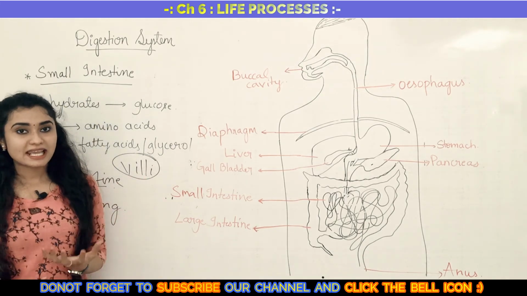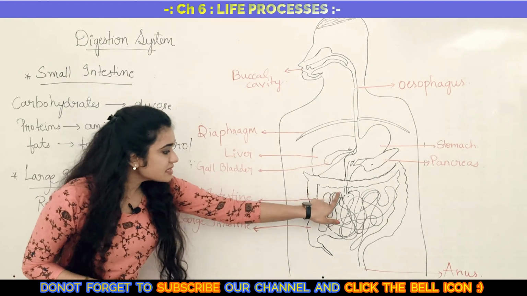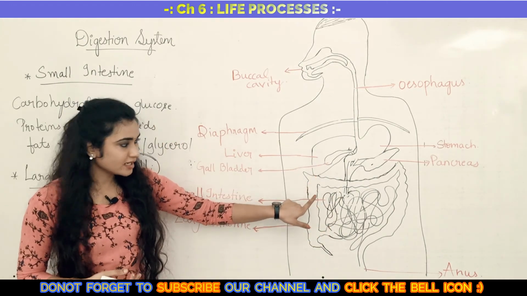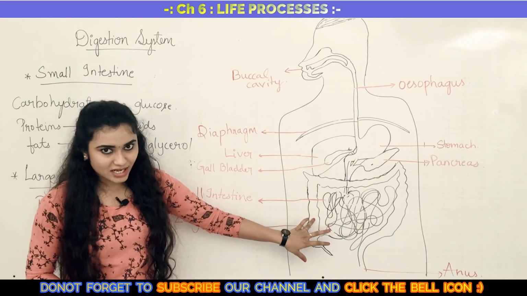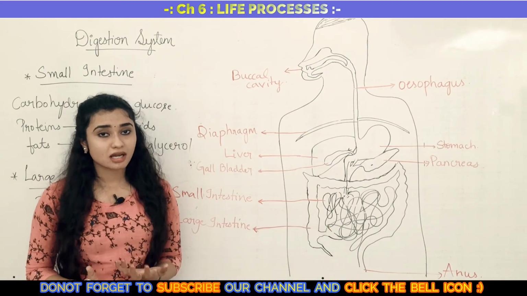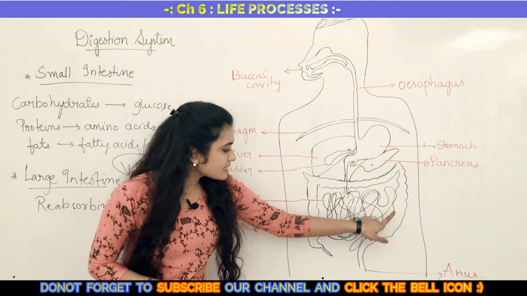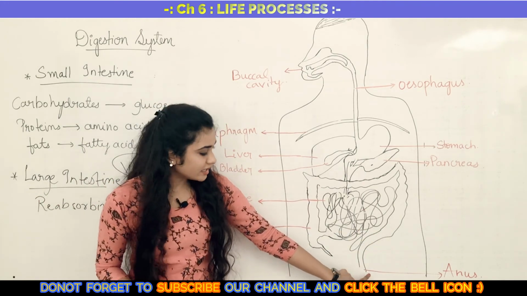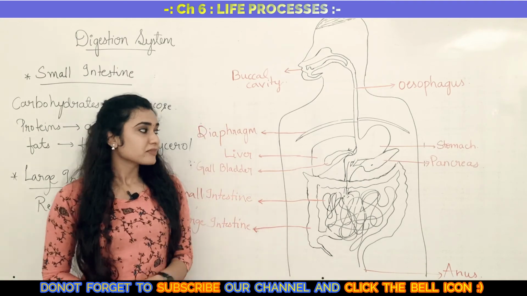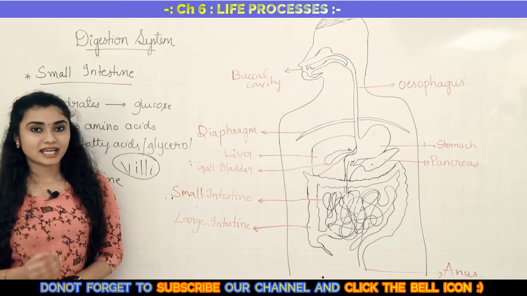Okay, so the next left out food will be sent through this large intestine, where most of the water would be absorbed from this large intestine, and left out unabsorbed food would be sent out from the body through this anus, or it is defecated through this anus. Okay, so this is all about the digestion process.